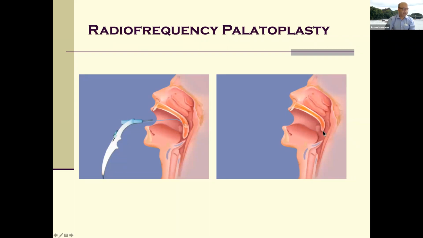Remember Bernoulli and Poiseuille: with this long soft palate and this narrowness here, you're getting both of those laws coming in, causing restricted flow and increased collapsibility. So by putting the radiofrequency into it, you cause it to flutter less and to shrink, and hopefully give you a better airway.